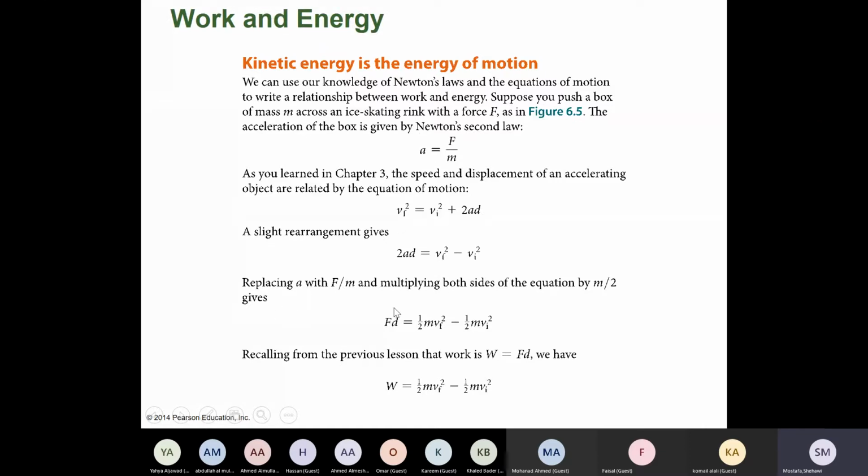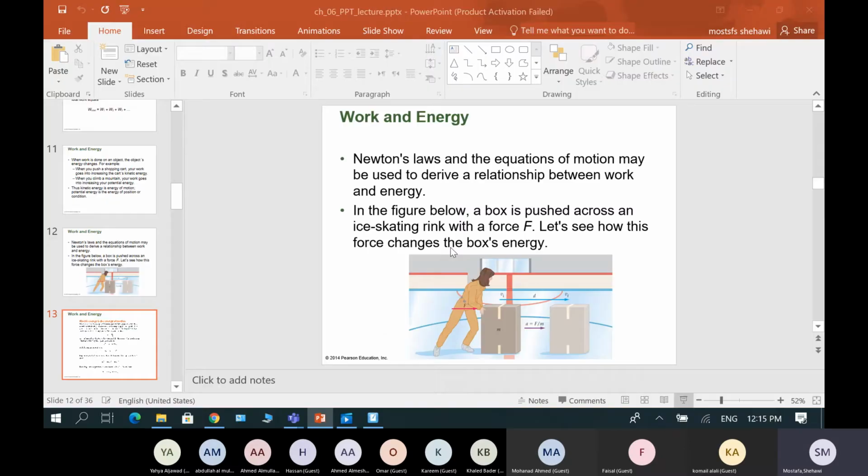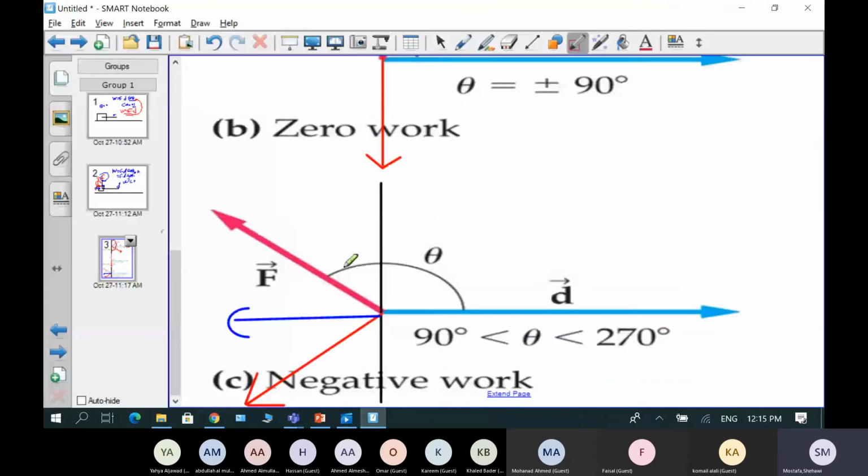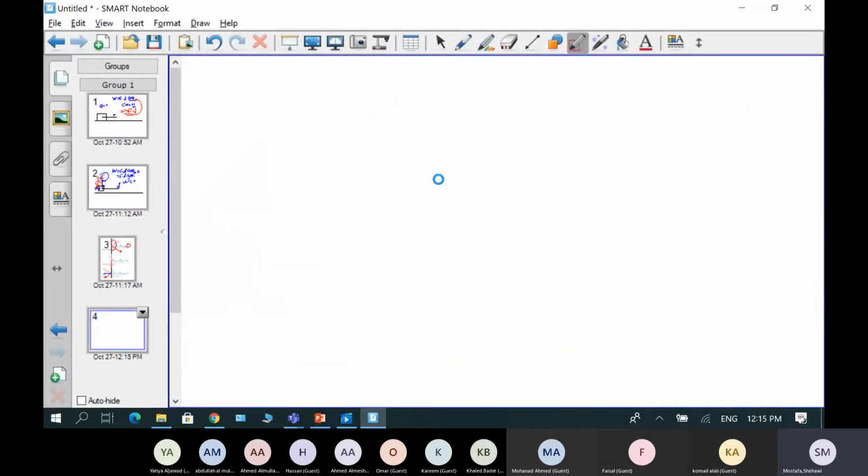If we replace a in this equation by F over m, we can have this equation. I will take this and show it to you on the board.